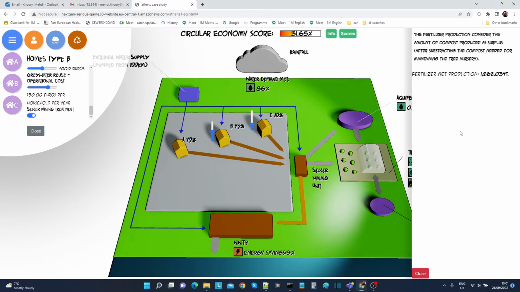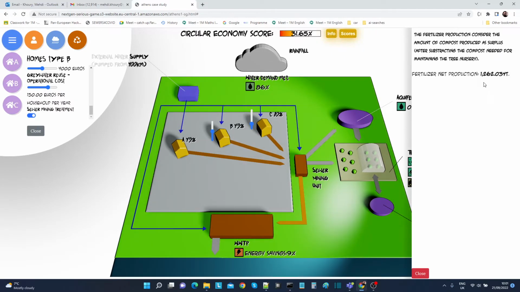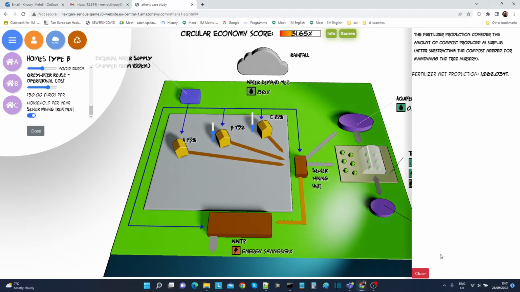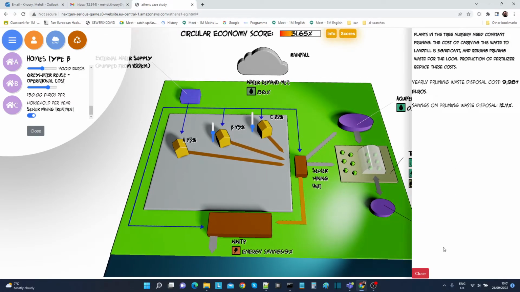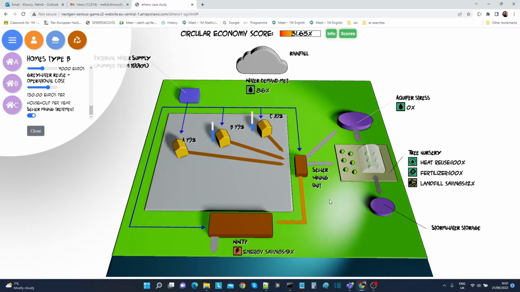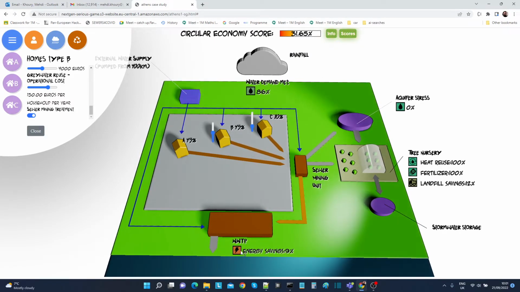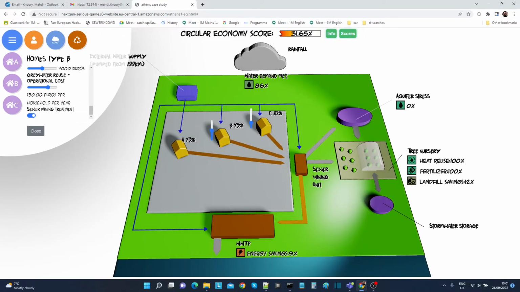Your fertilizer production, you have a surplus production of 1,200 tons. And you save around 12% of your pruning waste disposal. So, what else is happening? Well, you realize overall some energy saving, and your circular economy score has shot up to 31%.